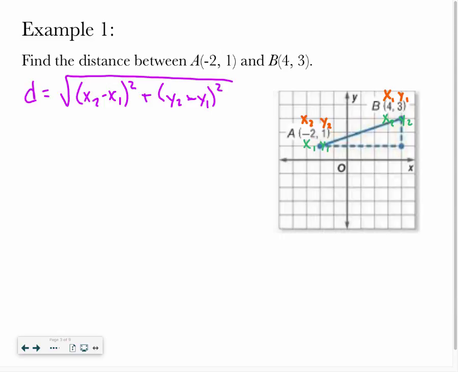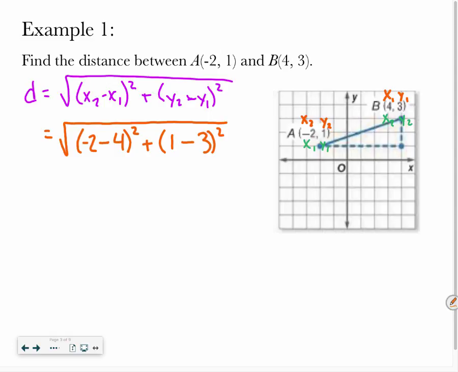So anyways, using my x2 value as being negative 2, I'm going to subtract 4 from it. And then my y2 is 1 minus 3 squared.